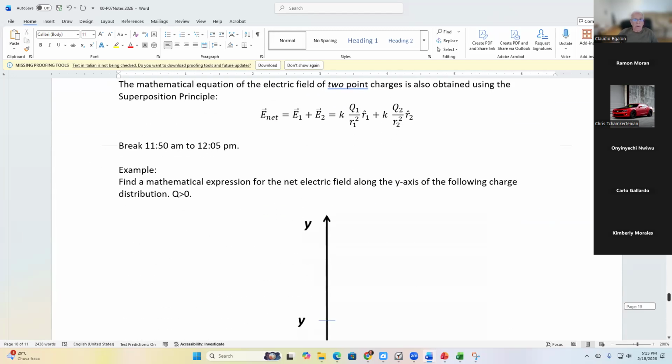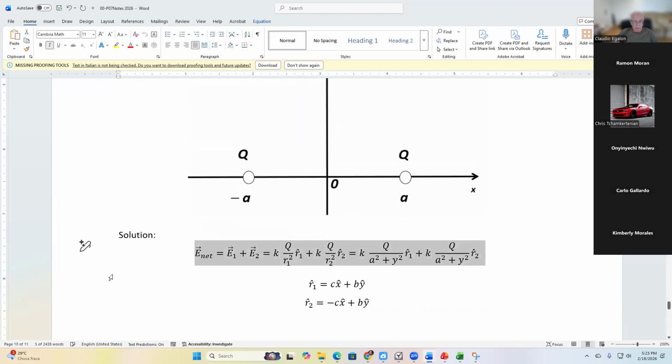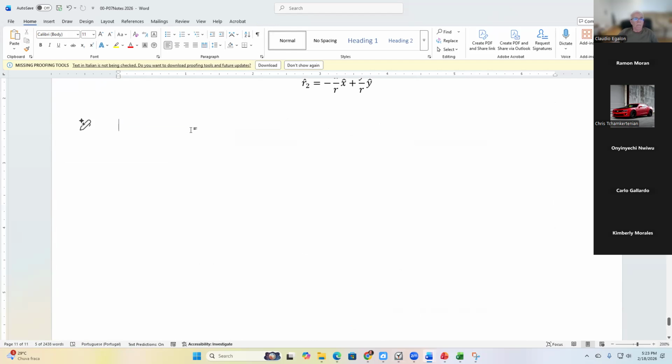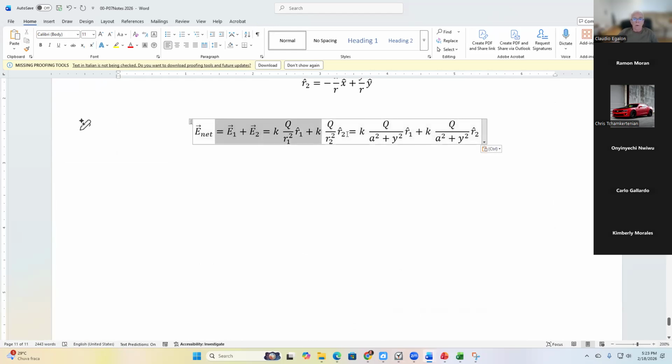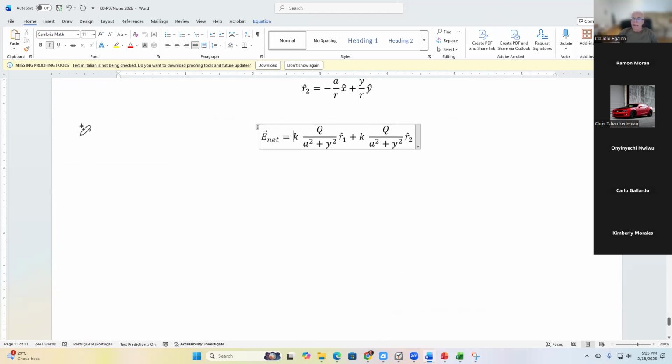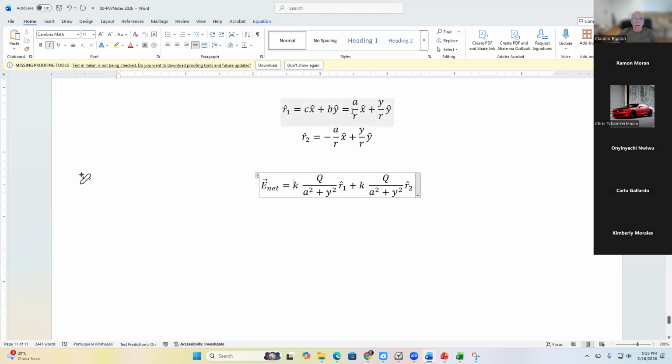I'm going to take from here: R1 hat, and here R2 hat, minus, like that.